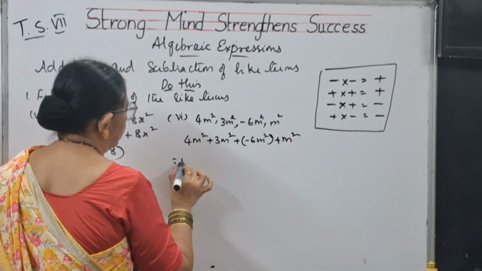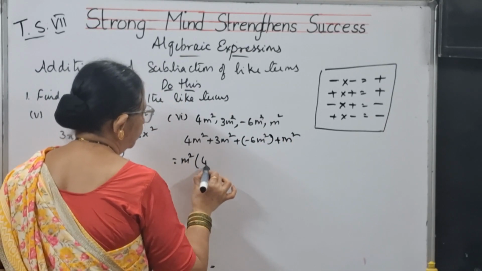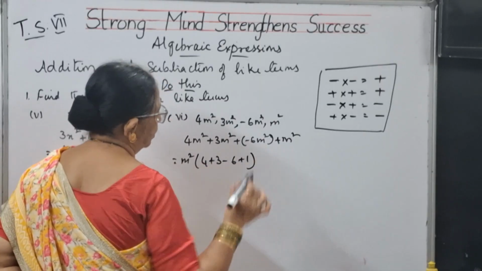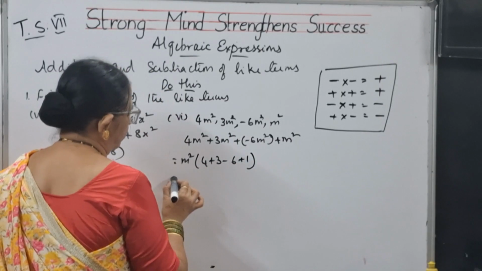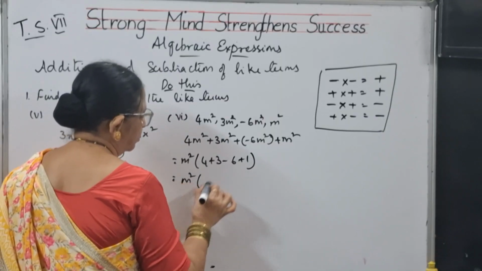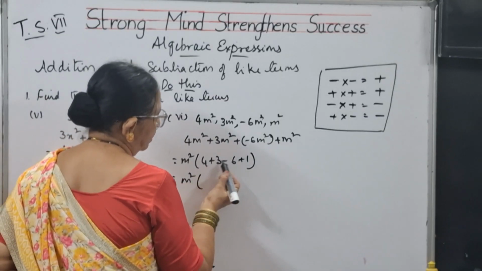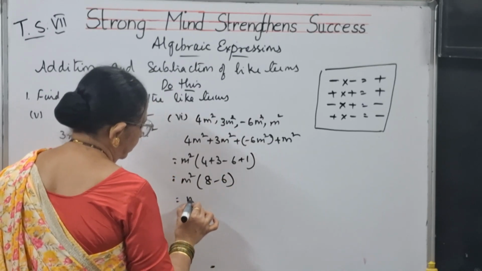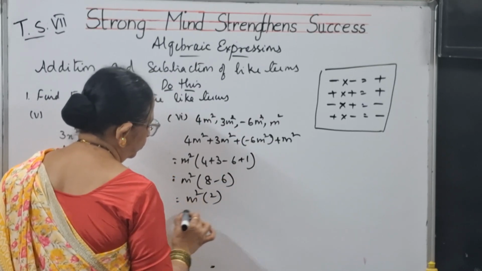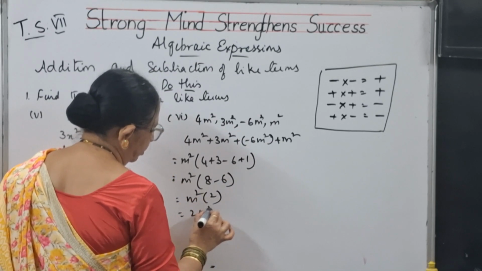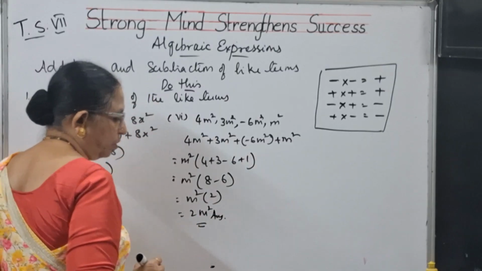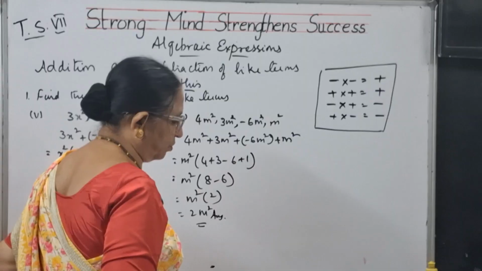So in this, m square is common, 4 plus 3 minus 6 plus 1. No number is there means 1 you have to take, don't forget that. m square into, so 4 plus 3, 7 plus 1, 8 minus 6. That is m square into 2. That is 2m square is the answer. Okay, this is sixth one.